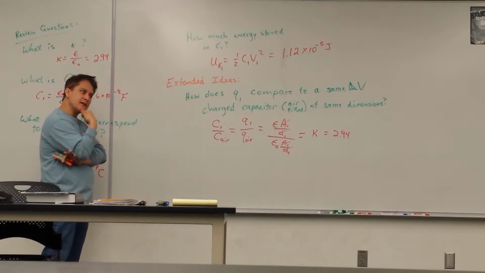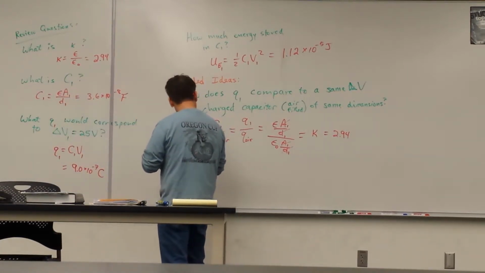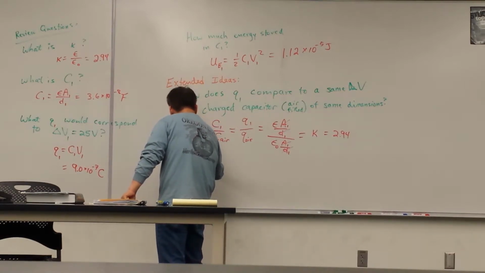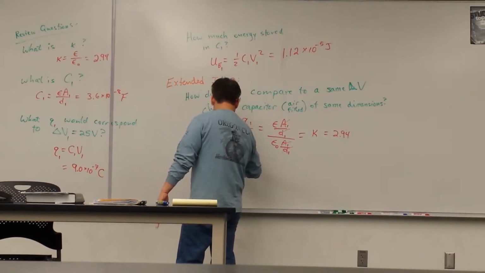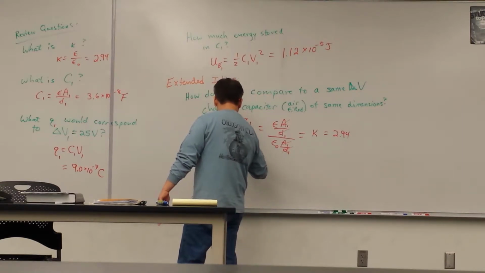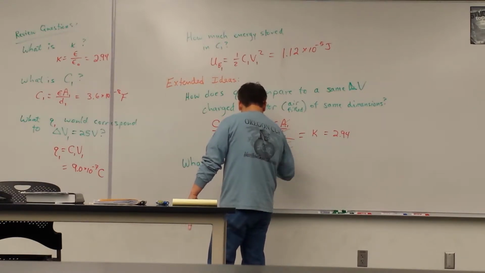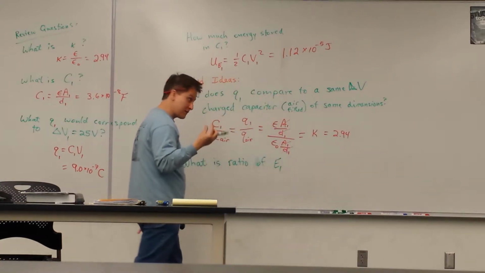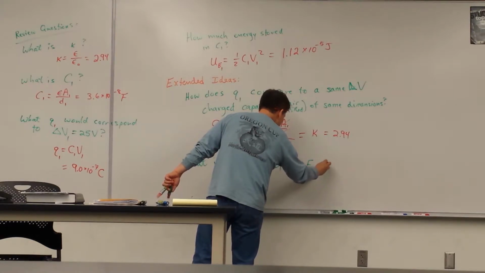here's where it gets a little bit interesting maybe. What is the ratio of the electric field of the charge in the charged capacitor to what it would be if it were an air-filled capacitor?